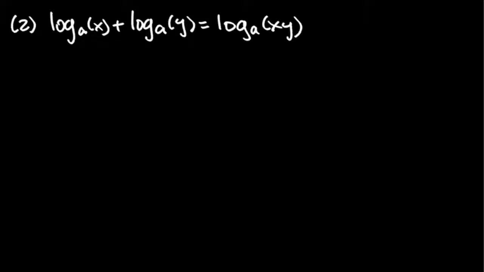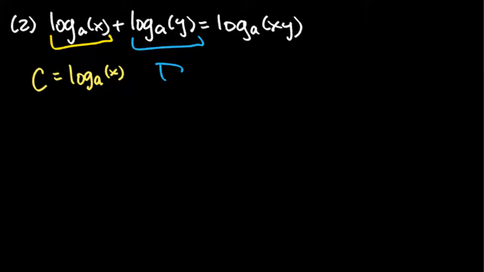So again, let's just color code because colors help us differentiate things. So let's just say let c equal log base a of x, and let d equal log base a of y. So first thing to ask is, well, what can we even do with this at all?